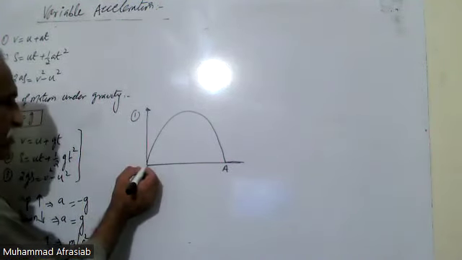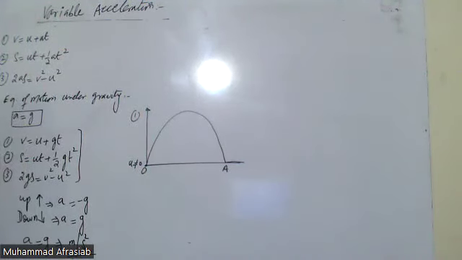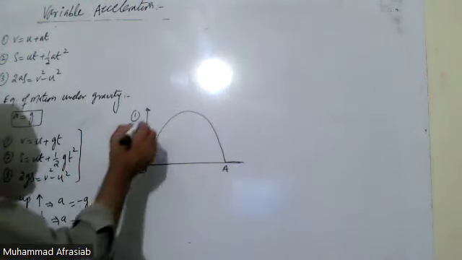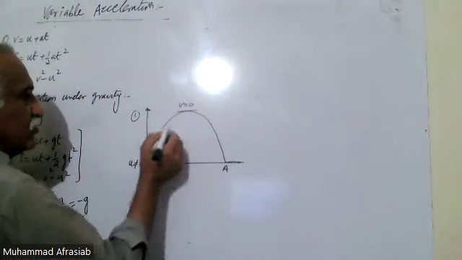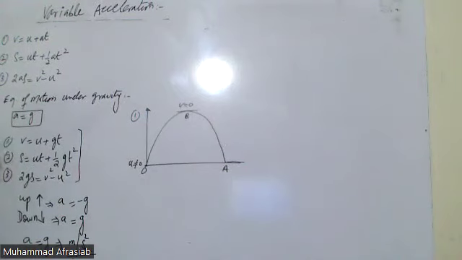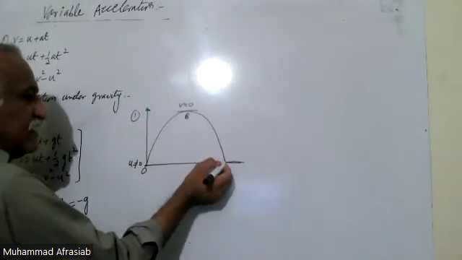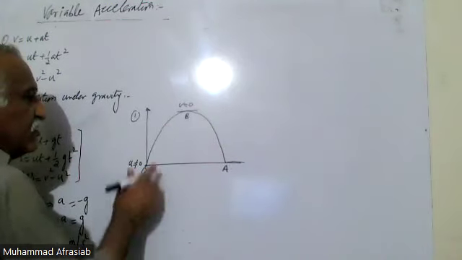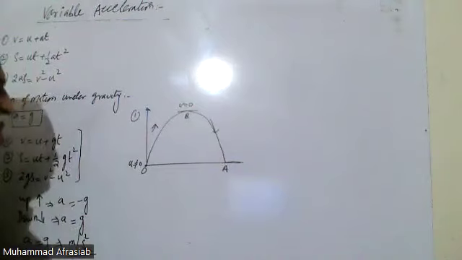At this point, its initial velocity is not equal to 0 because it is given some velocity. Then at the highest point, let's say position B, its final velocity will become equal to 0. This is coming upward, and this is coming downward to A.